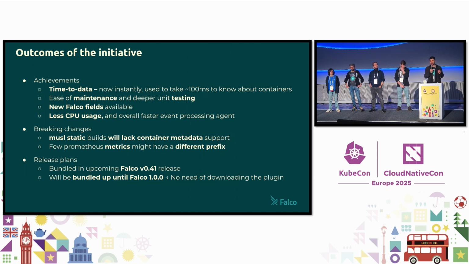And the promise we make as maintainers is to keep bundling this integration inside the Falco packages and images, so there will be no need for falcoctl or any extra download at installation time, at least since Falco 1.0. So essentially, there will be no breaking change in terms of UX for whoever is installing Falco compared to today. You will probably just get the benefits plus those tiny breaking changes.